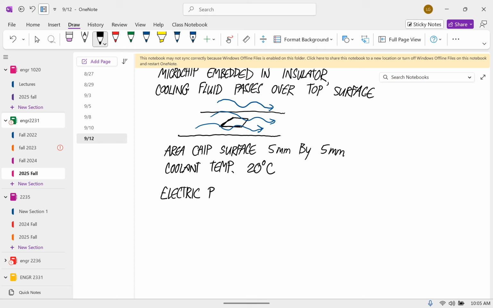Electric power to the chip is 0.225 watts.